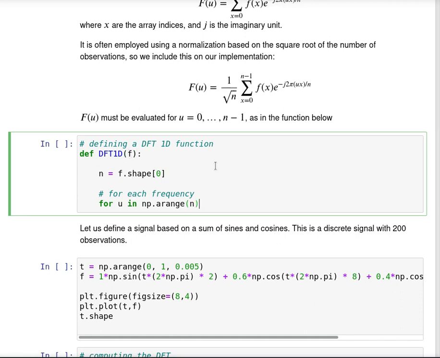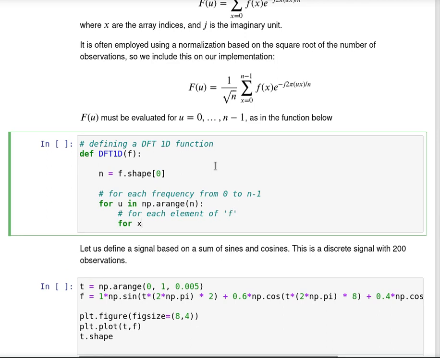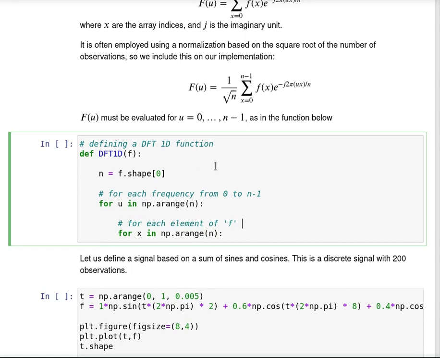So for each frequency between 0 and n minus 1, we are going to compute for each element of f. So for each x in range n, so also x from 0 to n minus 1. So it's the same here, but for u.